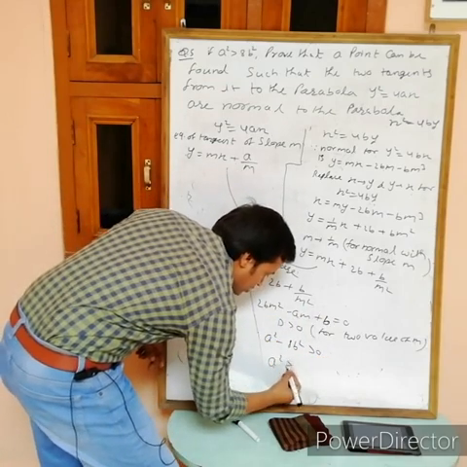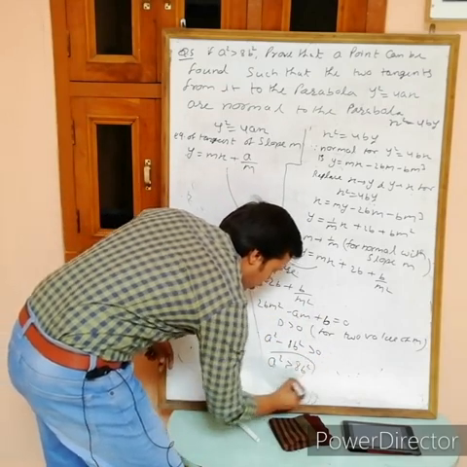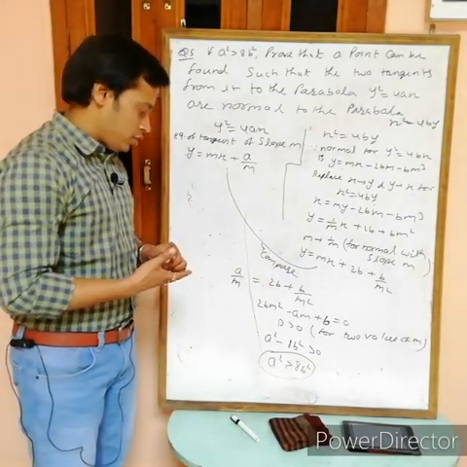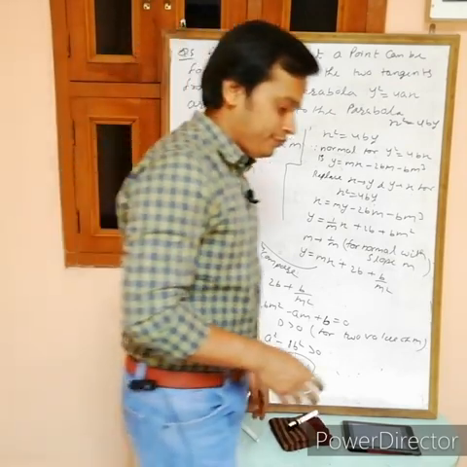Then we get that a is greater than 8b square. Okay, done. Now try section Z, and the remaining we will take tomorrow.